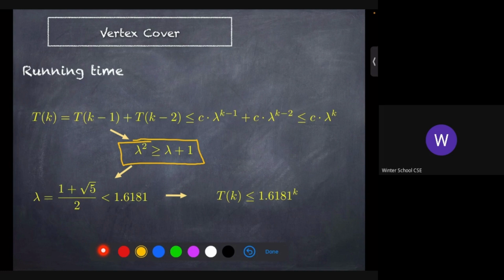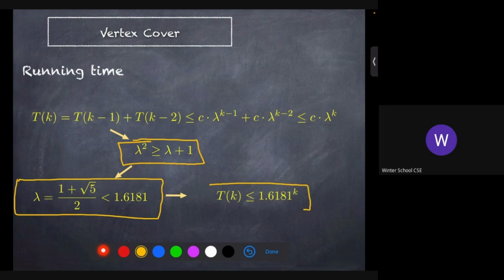This is not even high school arithmetic, right? Not arithmetic, it's algebra, right? So we solve the quadratic equation, and we're looking only for the positive root, because one will also be negative. So this is the positive root, and this means that the function T of k is bounded by 1.6 something to the power k.